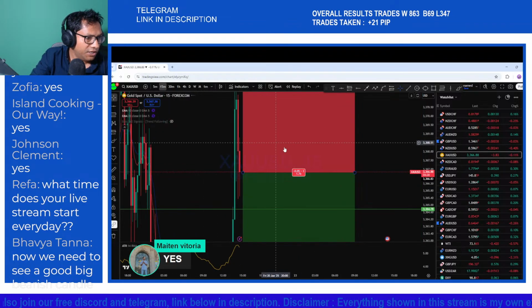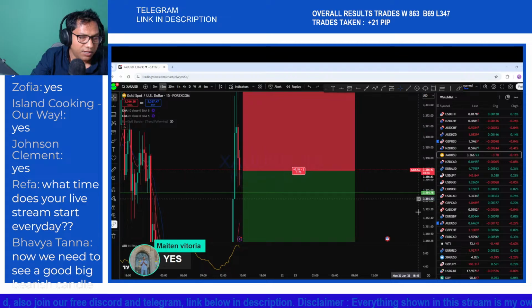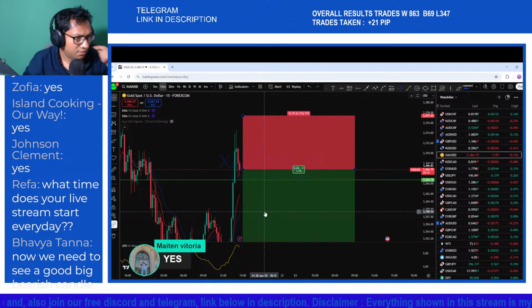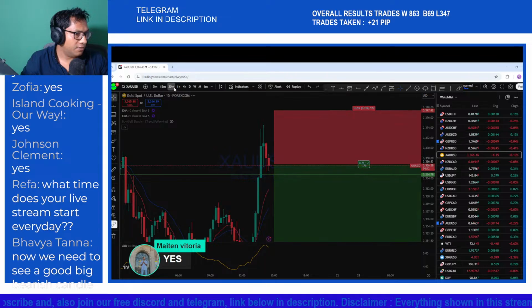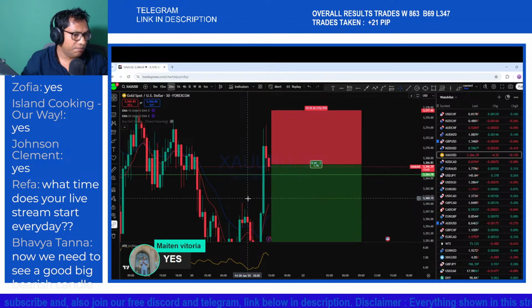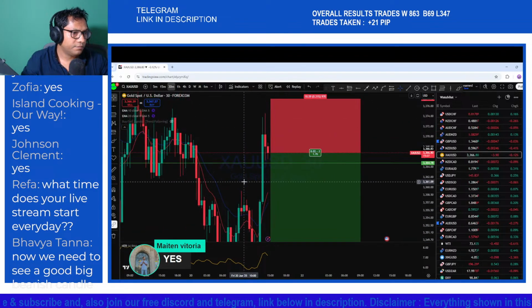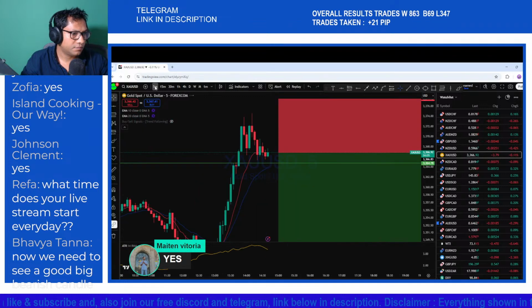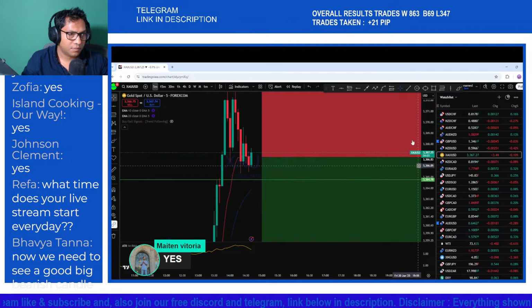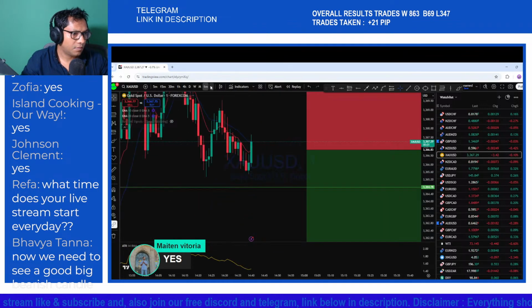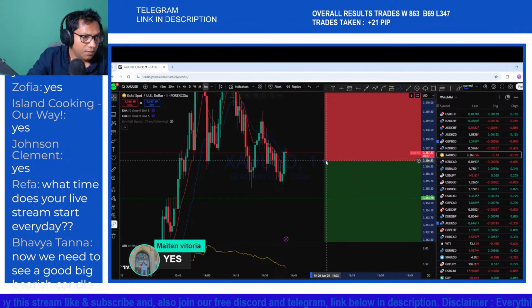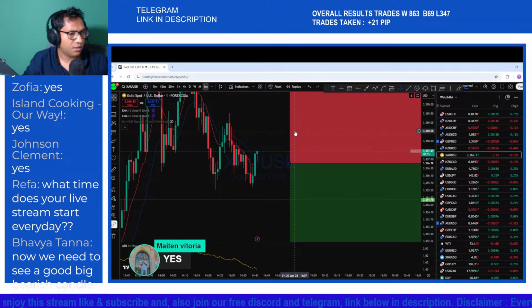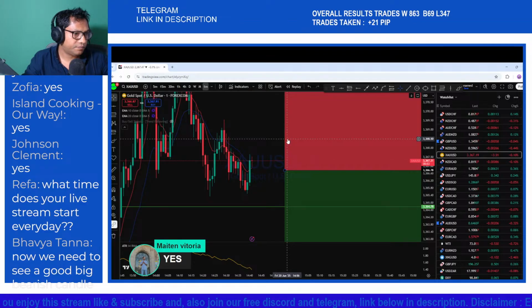So the 15 minutes price is trying to push below that support, and the 30 minutes the same. Let's get it tested at the 20 MA.